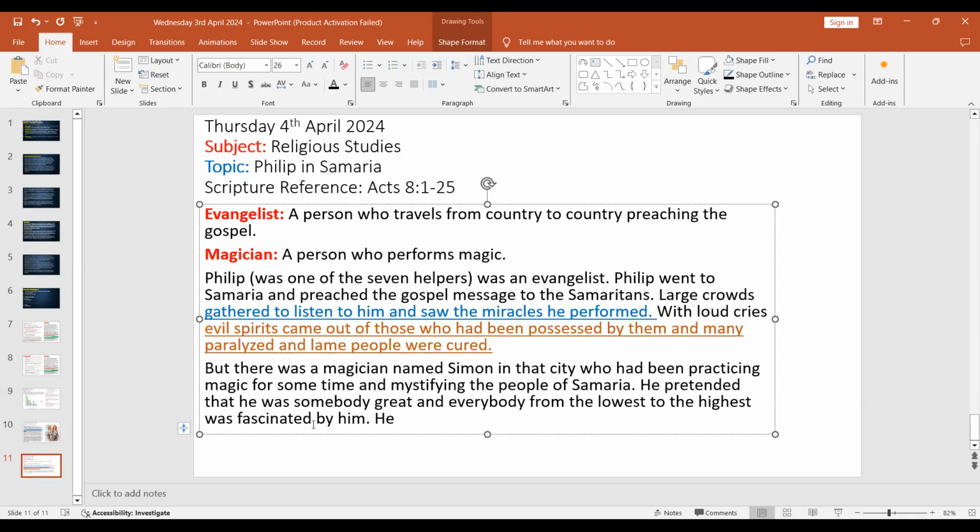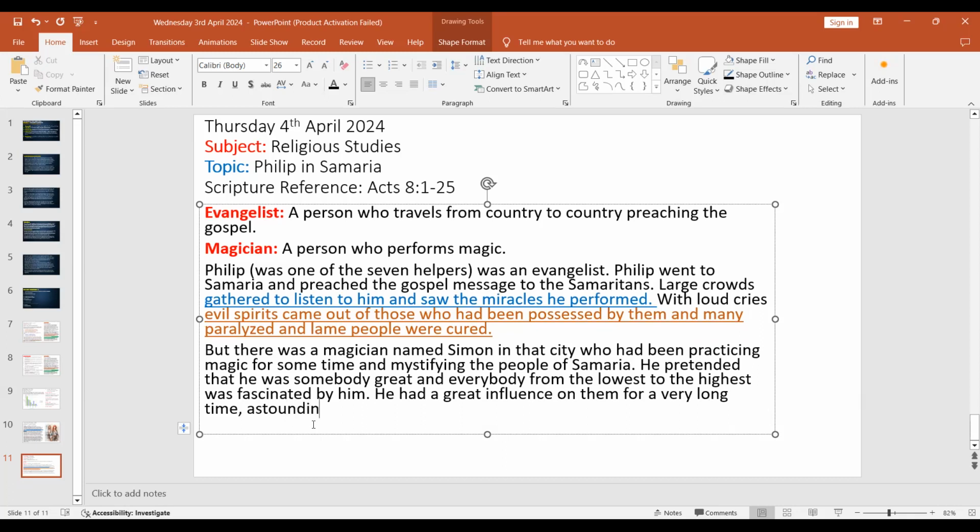He had a great influence over them. He had a great influence on them for a very long time, astounding them by his magical practices.